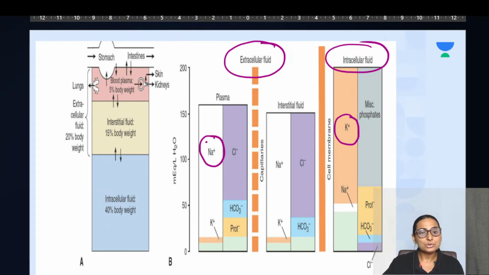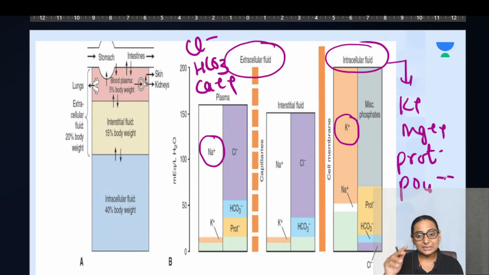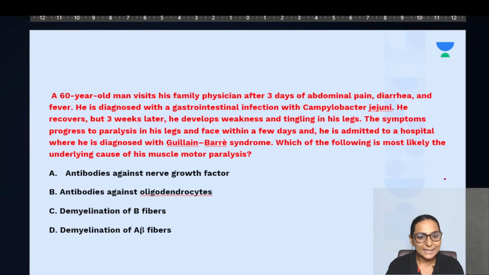Also your ECF will have more chloride, it will have bicarbonates, and it will have calcium. Your ICF is rich in potassium, magnesium, and anions, that is proteins and phosphate. This repeatedly comes as an MCQ, so just don't underestimate the simplicity of general physiology. Next one.